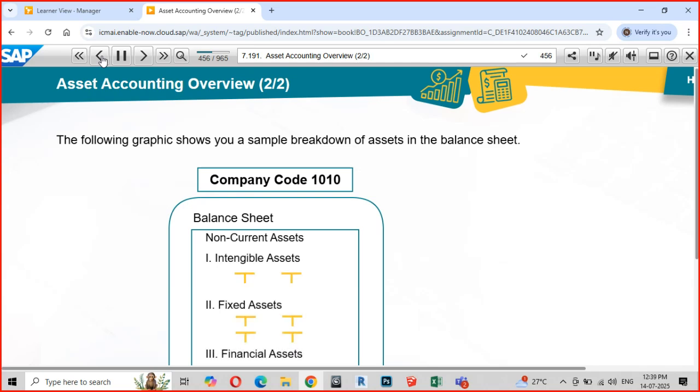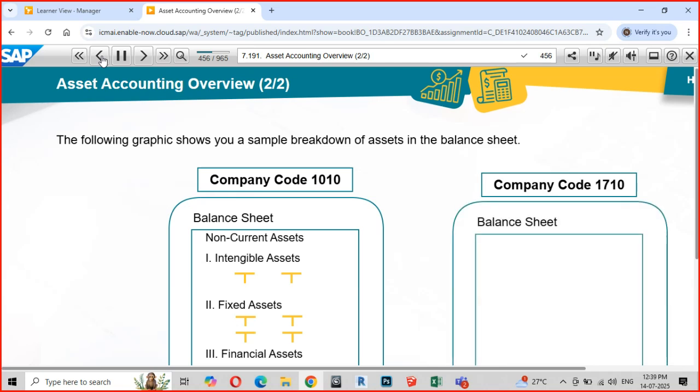Clear? As far as the difference between ECC and HANA is concerned, asset accounting is one of the areas where there is some difference in the way ECC handles asset accounting and the way HANA handles the same. Clear?